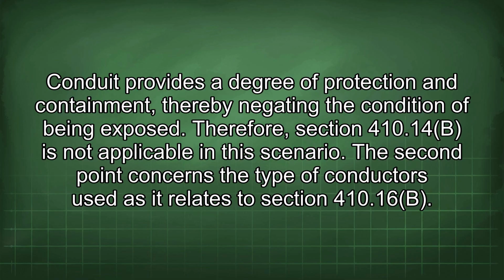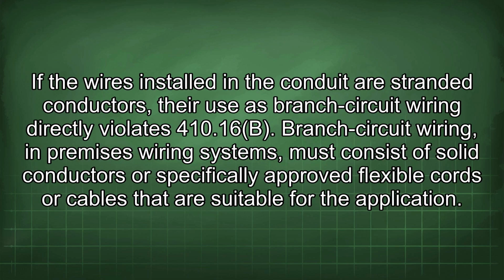The second point concerns the type of conductors used as it relates to Section 410.16(B). If the wires installed in the conduit are stranded conductors, the use as branch circuit wiring directly violates 410.16(B). Branch circuit wiring in premises wiring systems must consist of solid conductors or specifically approved flexible cords or cables that are suitable for the application.